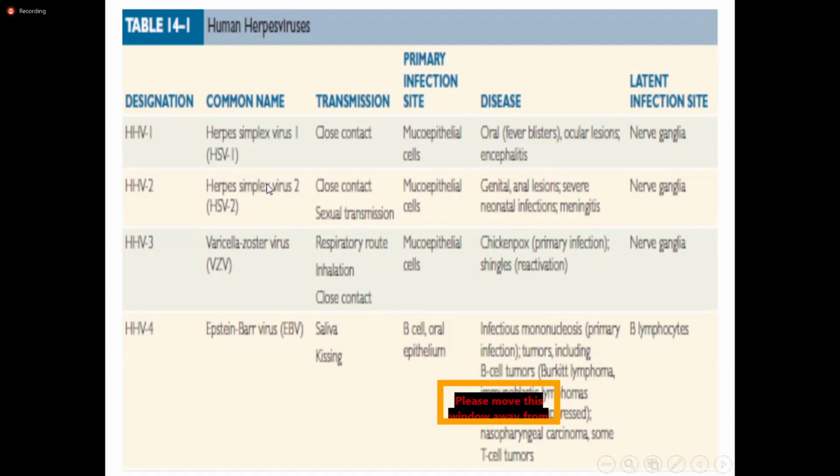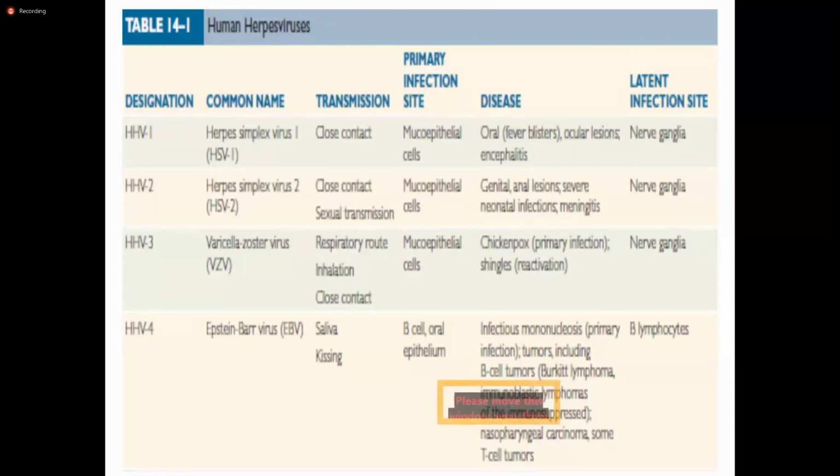Type 2, called herpes simplex type 2, again close contact, but look here, sexual transmission. It means this type 2 virus can cause sexually transmitted diseases, and we will talk in detail about it in a moment.